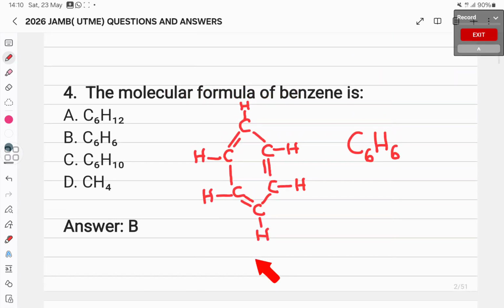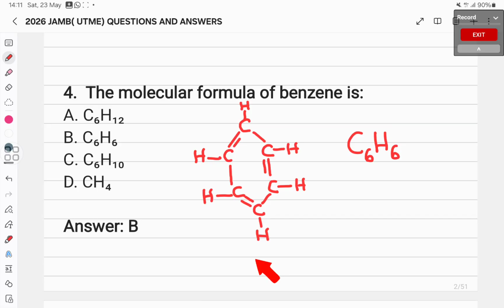The other options: the first option, A, is an alkene, and it can as well be a cyclohexane. That molecular formula C6H12 can either be a normal straight chain hexene, or it can as well represent the molecular formula of cyclohexane.